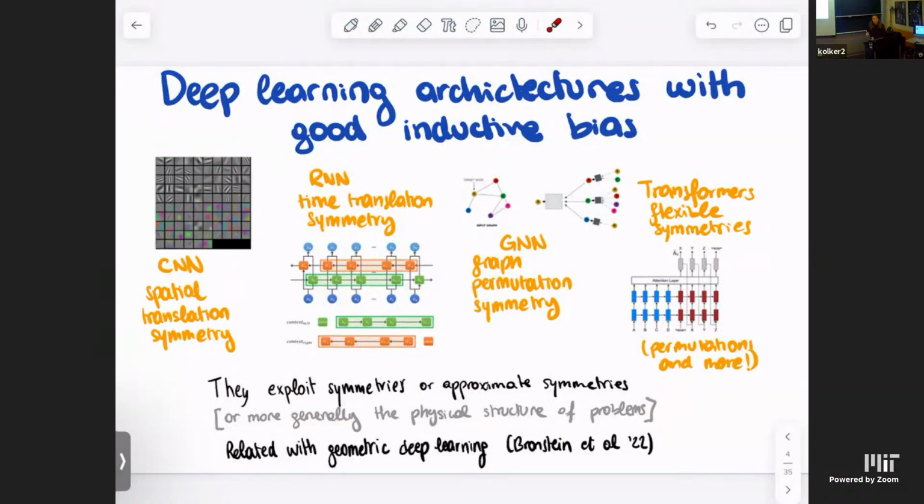Recurrent neural networks, which were the state of the art for a long time in natural language processing, also have some form of translation equivariance in the way they're defined recurrently. Graph neural networks, designed to work on graphs, are permutation equivariant with respect to node relabelings. And transformers, if you forget about the position encoding, are also equivariant with respect to permutations.